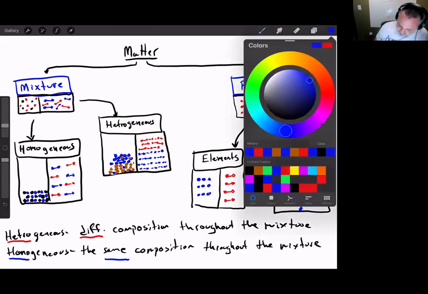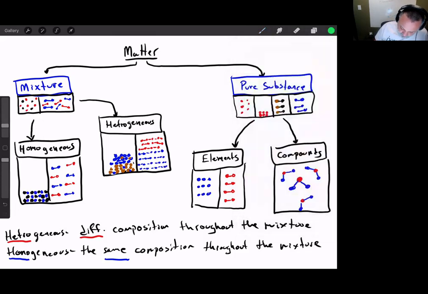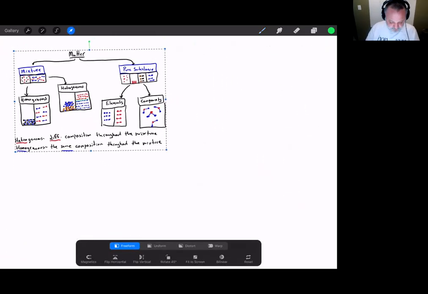There is an interface between them. This would be like oil and water. So now that we brought that up, let's think about some everyday examples. A heterogeneous mixture is where the composition is different. A homogeneous mixture is where the composition is constant and the same.